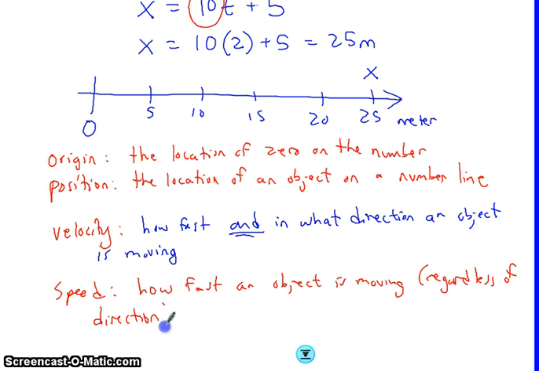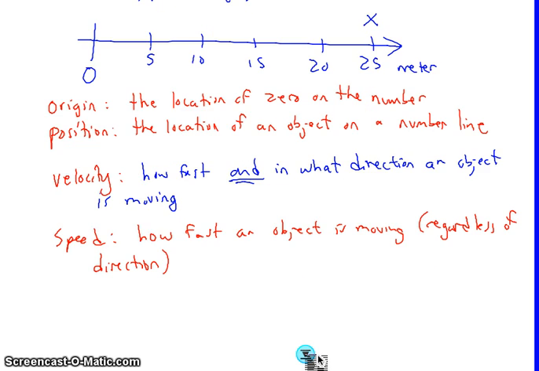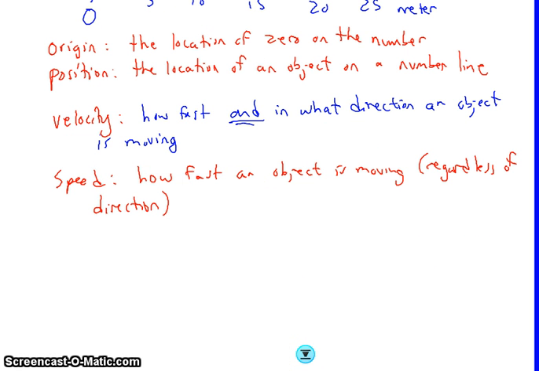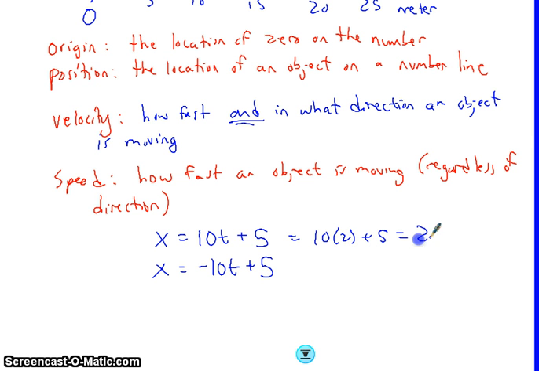Now, the way that you actually see that is if we compare the equation that I just wrote, which was x equals 10t plus 5, with this one: what if I wrote x equals negative 10t plus 5? Well, if you think about where these 2 objects would be 2 seconds later, this object, as we already saw, would be at 25 meters. However, this object, because of that negative sign, would be at negative 15 meters.